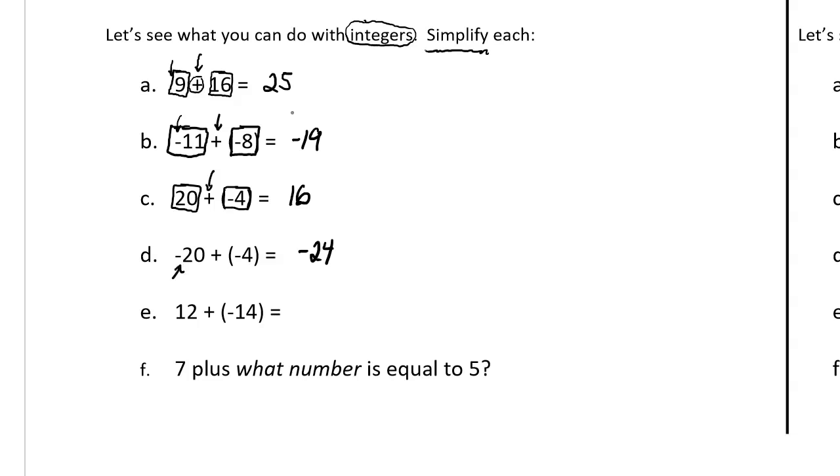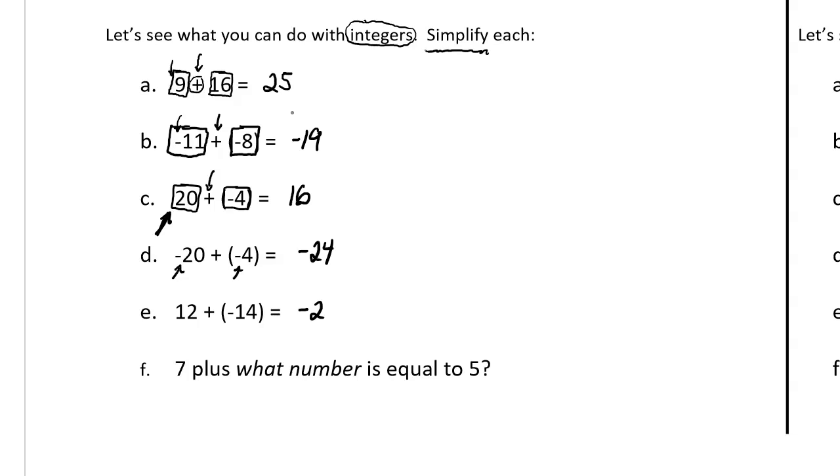Do you see the negative in front of the 4? One reason math can be difficult is when you don't even see all of the symbols that become important to getting the answer. If you never even notice that question D looks a little bit different than question C, you're unlikely to be able to get the right answer. Question E, 12 plus negative 14 is negative 2.